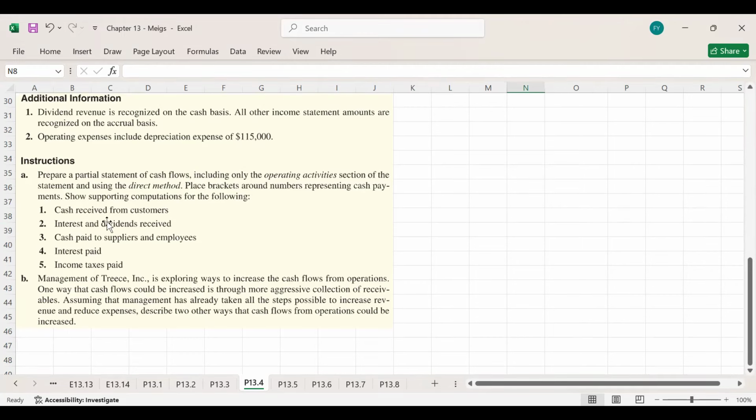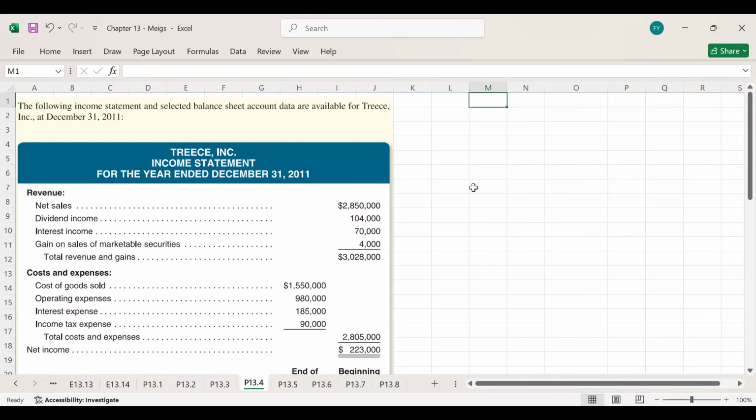So the first supporting calculation is cash received from customers. Working one is cash received from customers, and we have net sales. Obviously, first of all, we get cash from net sales.